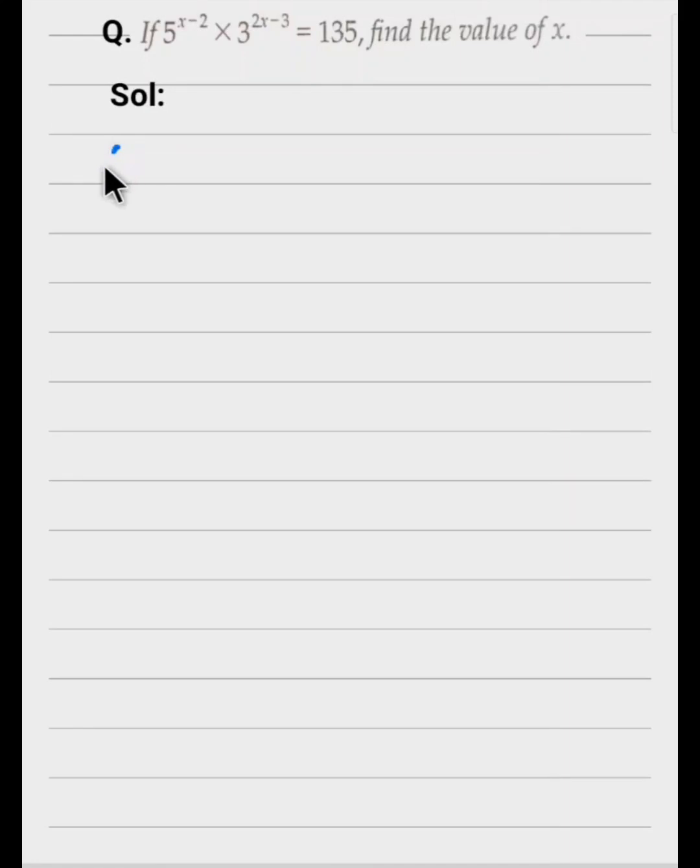Now see, 5 to the power x minus 2 into 3 to the power 2x minus 3 is equal to 135.